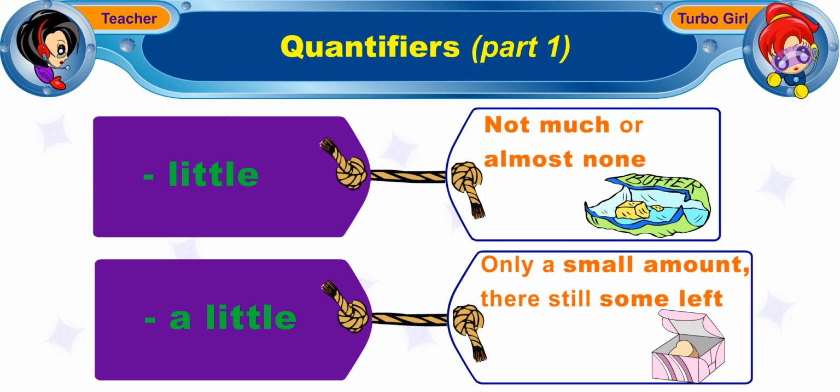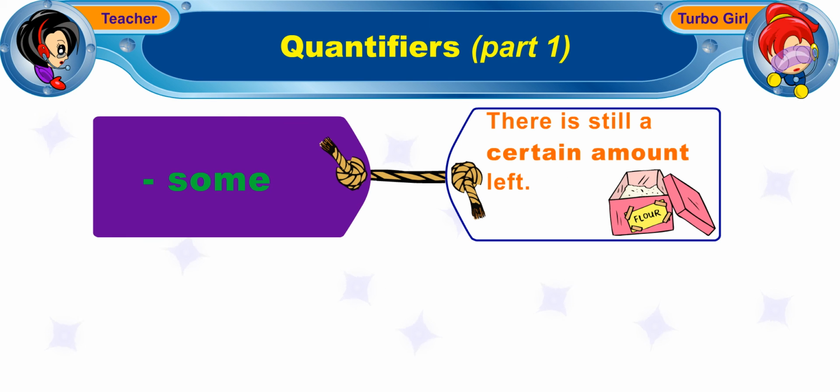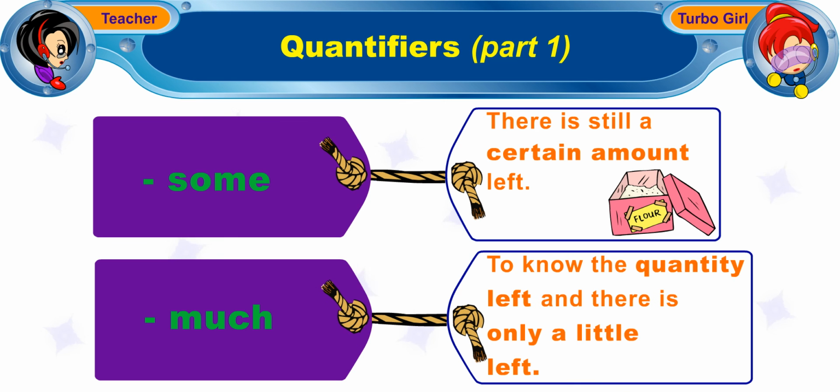We use the quantity word some to show that there is a certain amount of something. We normally use much in questions and negative sentences when we want to know the quantity of something left and to show that there is only a little of something left.